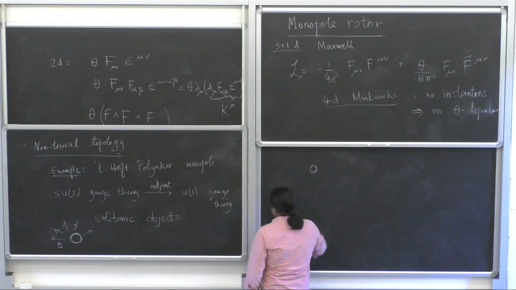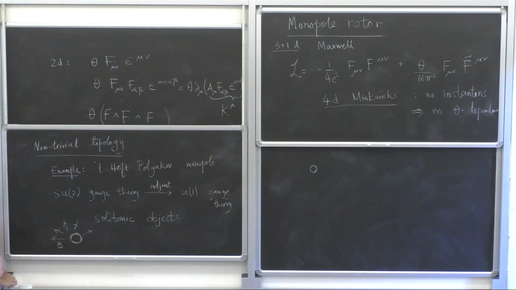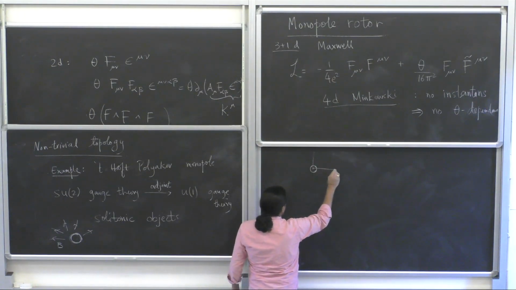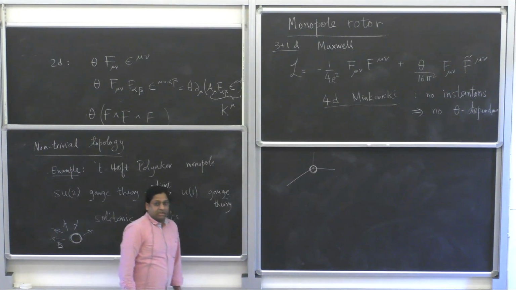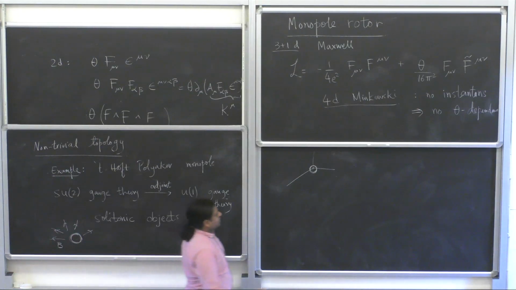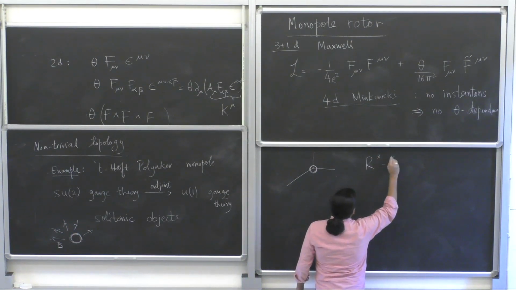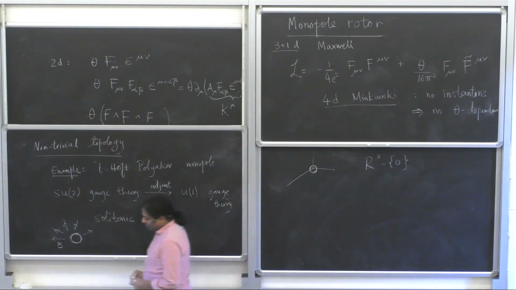So all the physics of the magnetic monopole can be captured by describing boundary conditions. Let's say at the origin, there's a hole in space-time. So the space is no longer R3. It's what is usually called R3 minus the origin, or a small region around the origin.